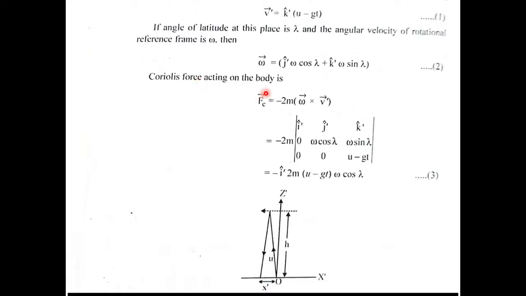The Coriolis force acting on the body will be Fc = -2m omega cross v'. So we get Fc = -i' 2m (u - gt) omega cos lambda.